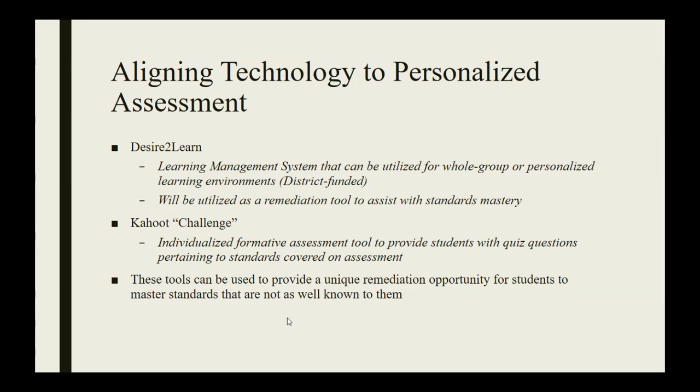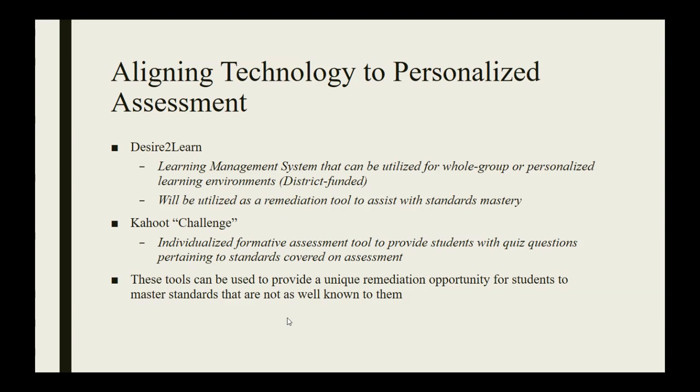Second tool is the Kahoot. Kahoot currently can be used as an in-class activity, as a review game that just pits students against each other to see who can get the correct answer the quickest. But it can also be given to individual students via a link, and they use the app to put in a code. And this is the challenge option that we will use for this.